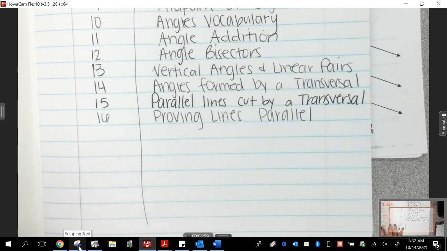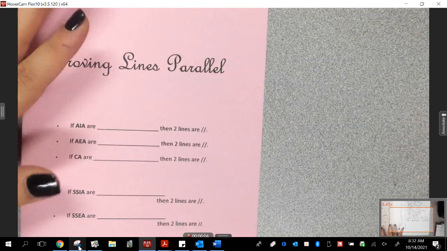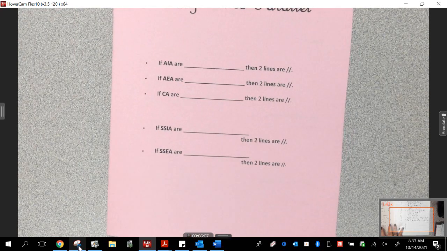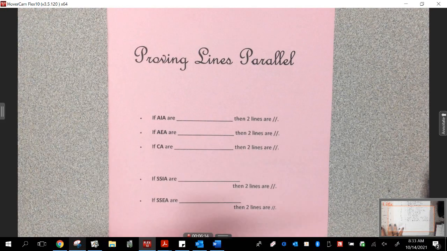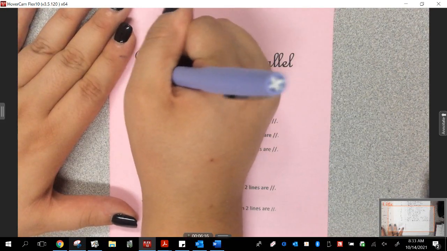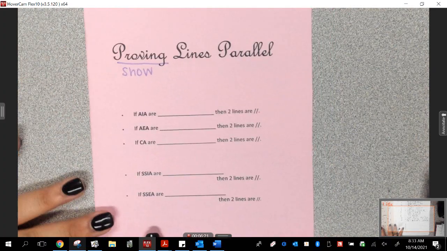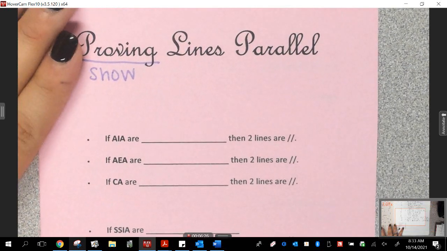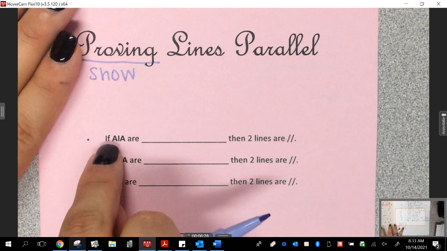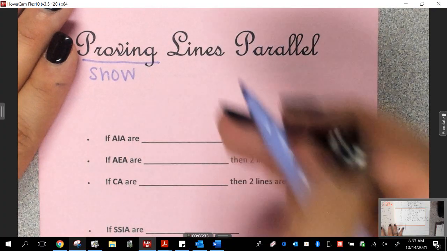Okay, proving lines parallel. You ready? So for this one, if AIA are what? What does proving mean again? Show that lines are parallel. So if AIA are what? Congruent.